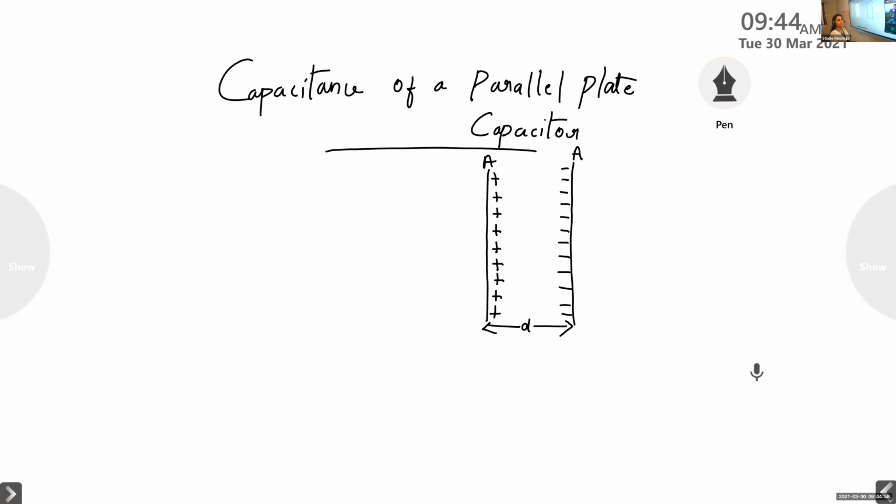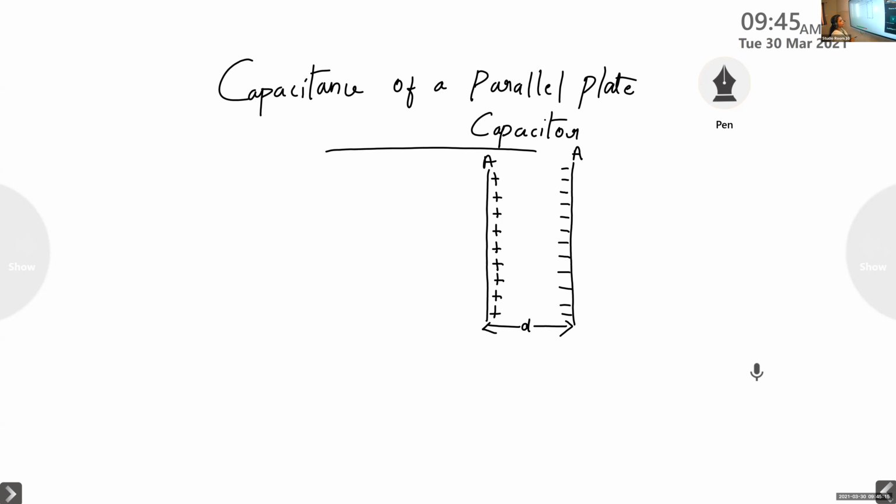We know that air is a poor conductor of electricity.